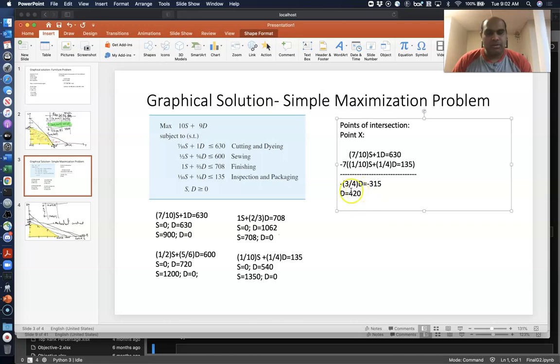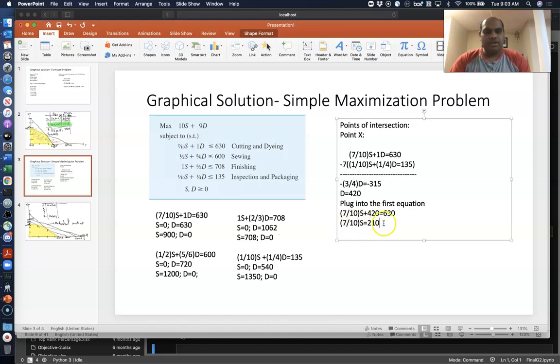D is 420. So that's the point of intersection. I can plug it into the first equation. I get 7 over 10 times s plus 1 times d, which is 420, is equal to 630. So 7 over 10 times s is equal to 630 minus 420, which is 210.